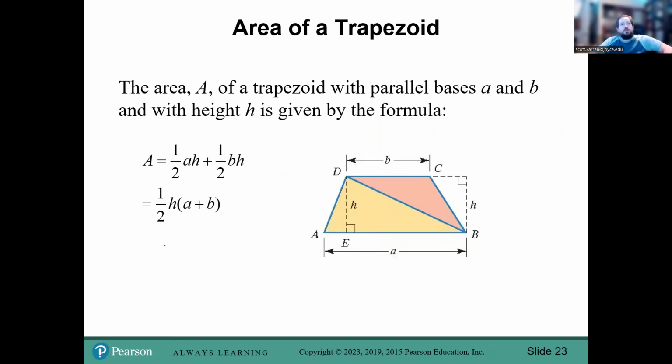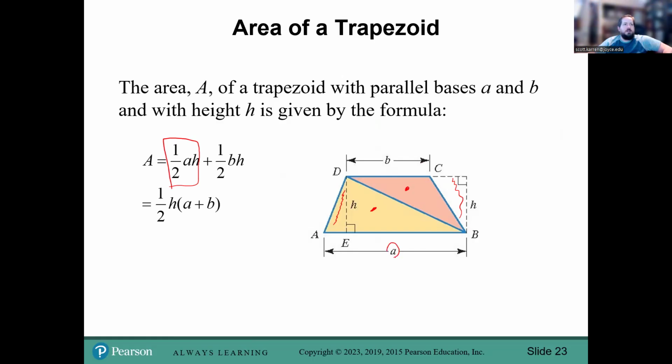And a trapezoid, we can play with that just as well, right? I can come and hack off this little bit right here, this little bit right here, right? I can play with those. Essentially, I'm playing with two triangles. So it's going to be half the base times the height for this guy, plus half the base times the height for this guy, right? So I'll have two different ones.